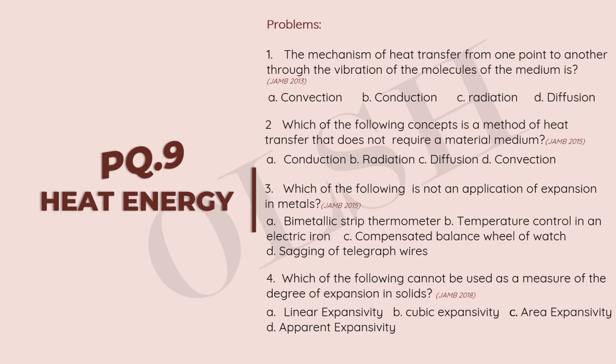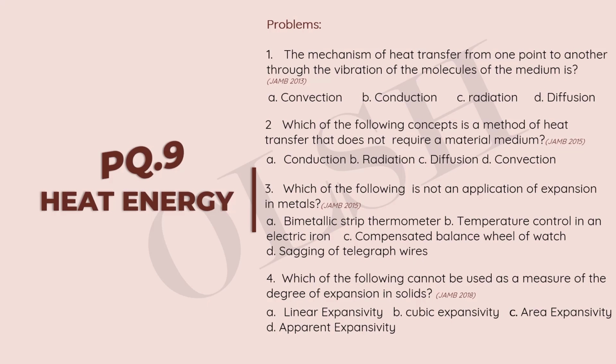But that's not a direct application of expansion in metals. It's a prevention technique that doesn't involve the application of this. It's just a prevention technique that helps to avoid the negative effect of expansion in metals, but it's not a direct application. Let's move on.